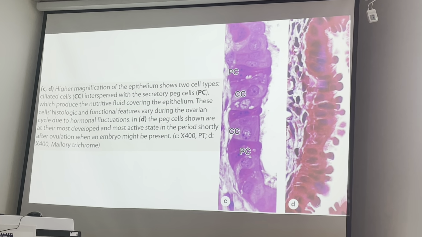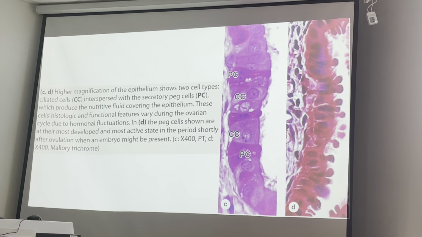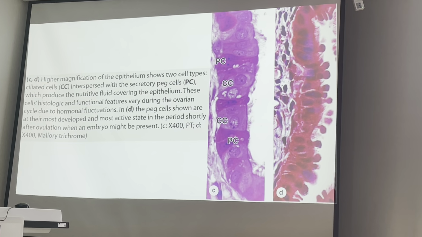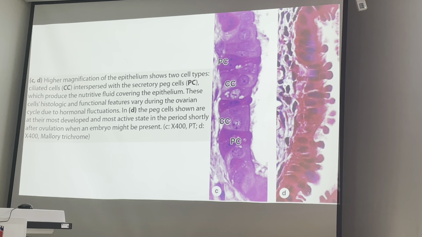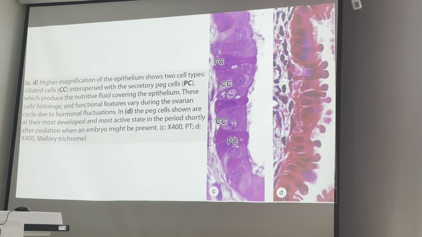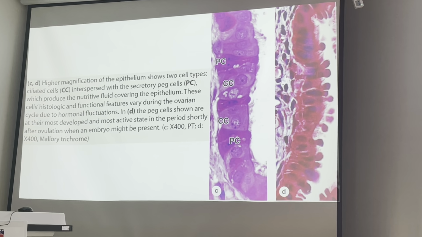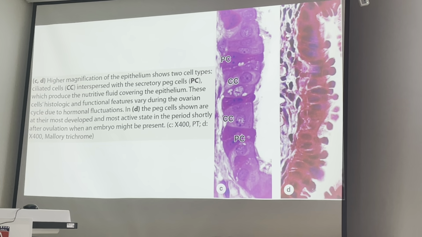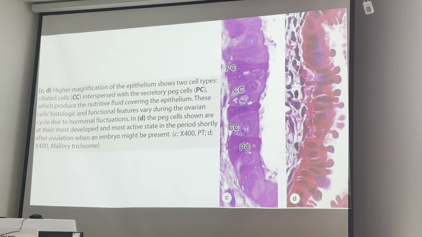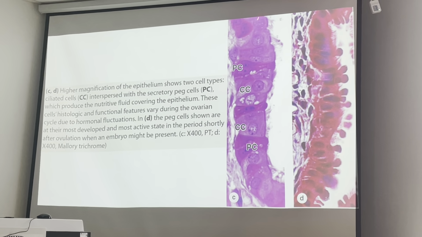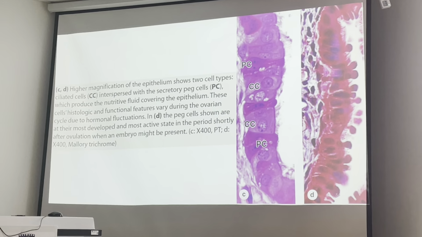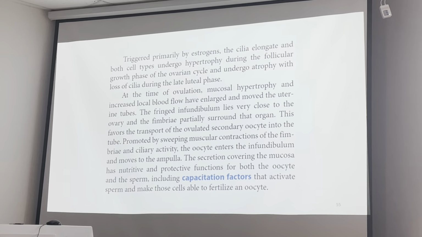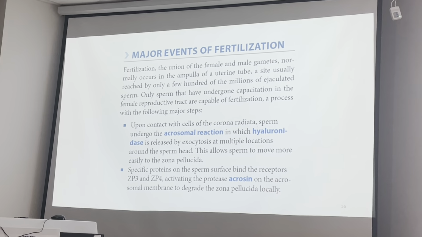The cilia in the apical side of the cell have a role in pushing the sperms toward the ampulla, and then after ovulation, with this ciliary movement, the zygote can be pushed toward the inner side of the uterus. And capacitation factors again are present in this part.